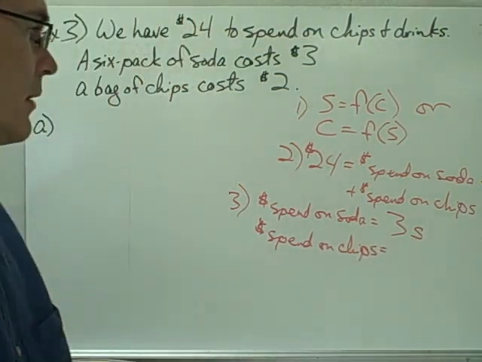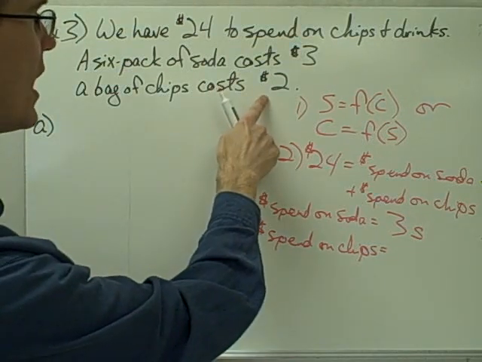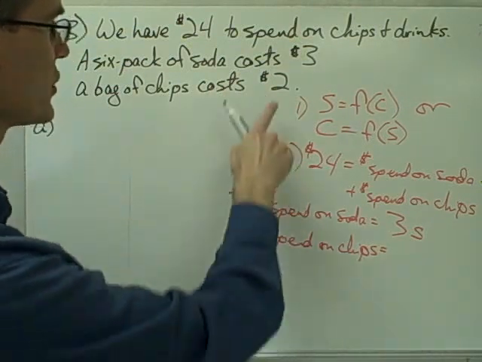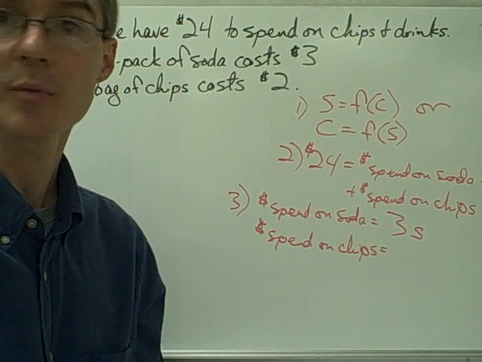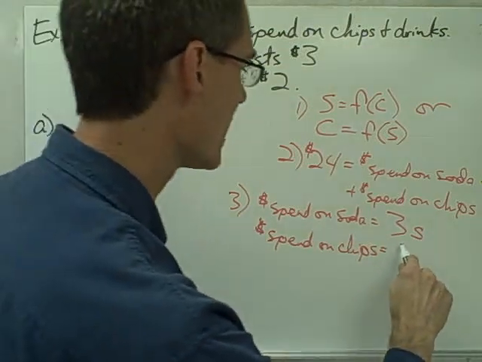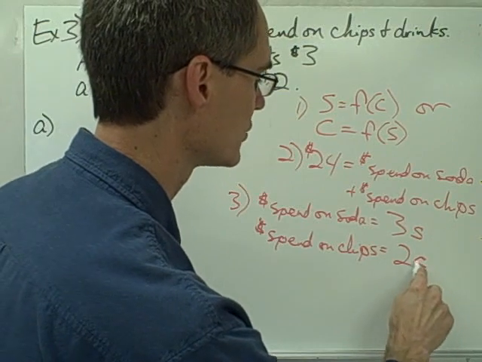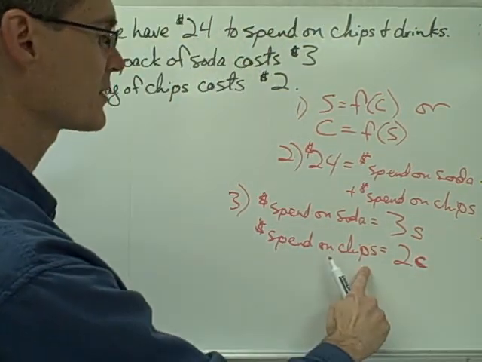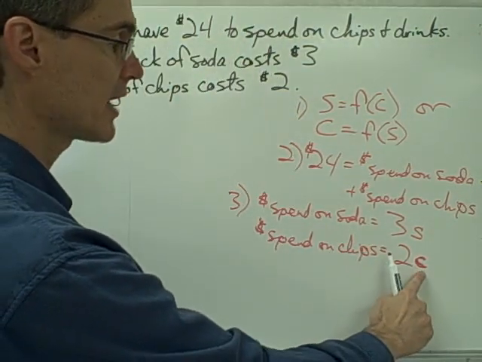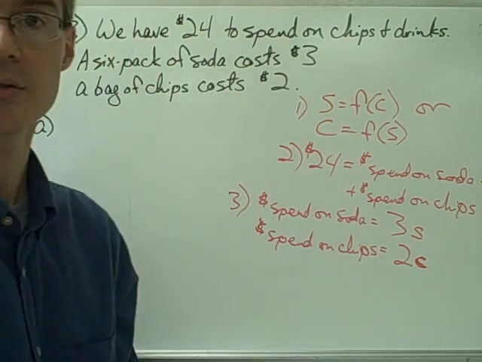Well, if a bag of chips costs $2, then the amount of money that I spend on chips is going to be $2 times the number of bags of chips I buy. So if I call C the number of bags of chips that I buy, then the amount of money I spend on chips is going to be 2 times C.